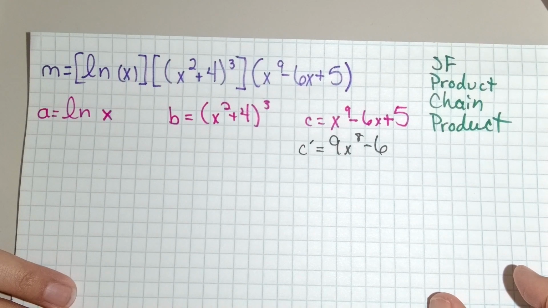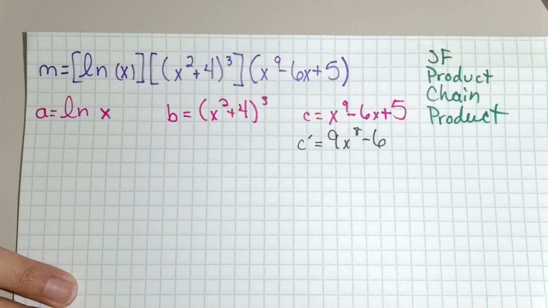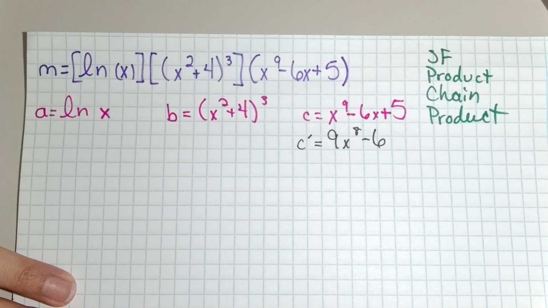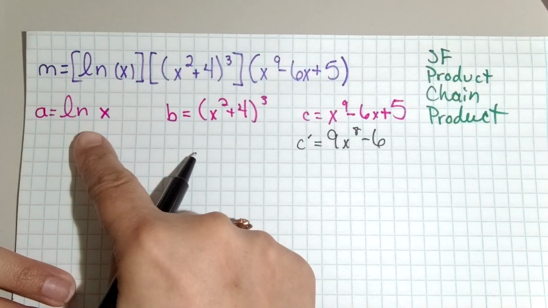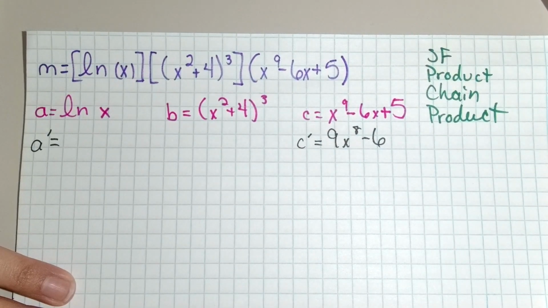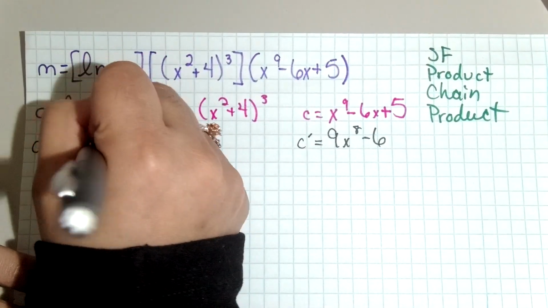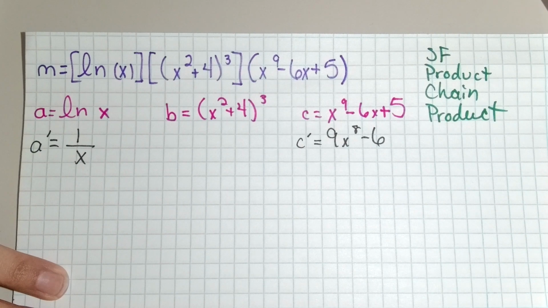B will take a little work, but I mean like with just writing the thing down. A. What is the derivative of natural log? It's on your paper. It's 1 over x.